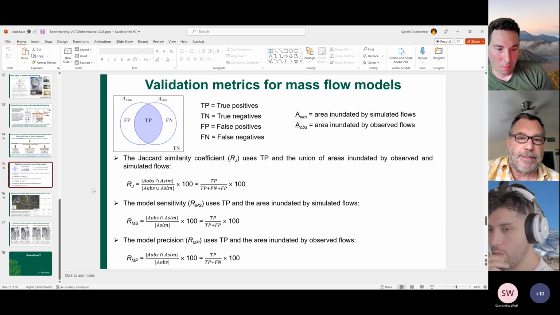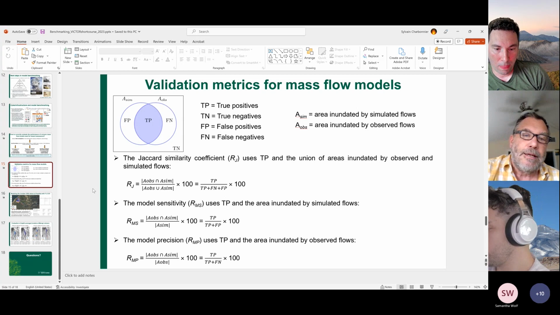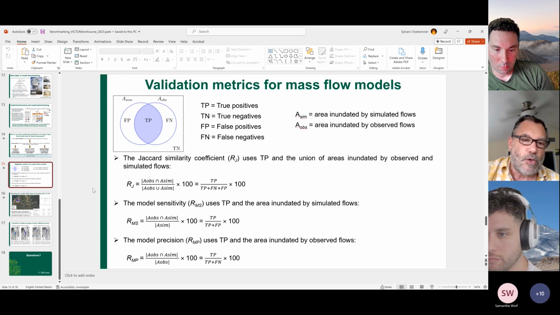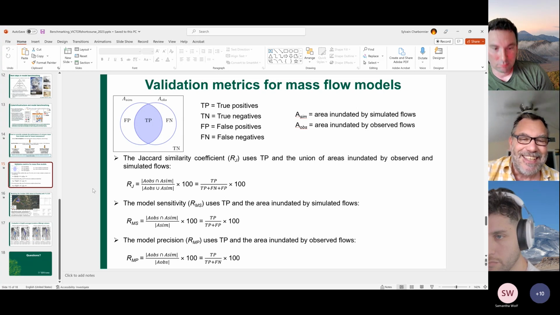Obviously, if TP is filling all the circles, then you've got 100%, and usually we see it doesn't. But one of the things that occurs to me is when we apply this to hazard, not all pixels are created equal, right?